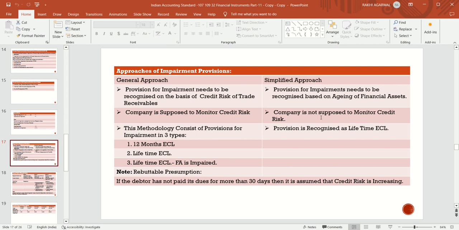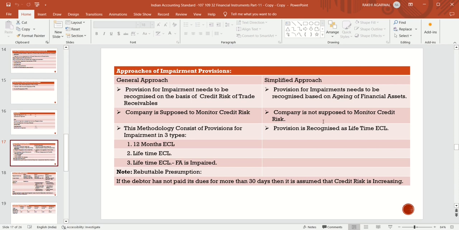That is 12-month expected credit loss, meaning the loss the company will suffer in the next 12 months; lifetime expected credit loss; or lifetime expected credit loss minus financial asset if impaired. There are three methodologies.